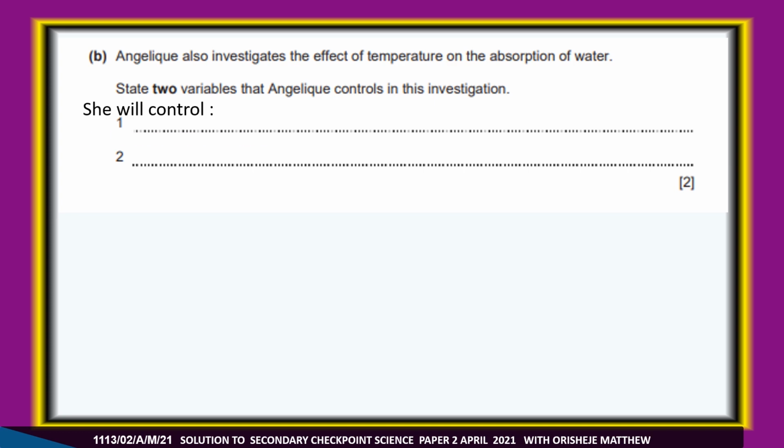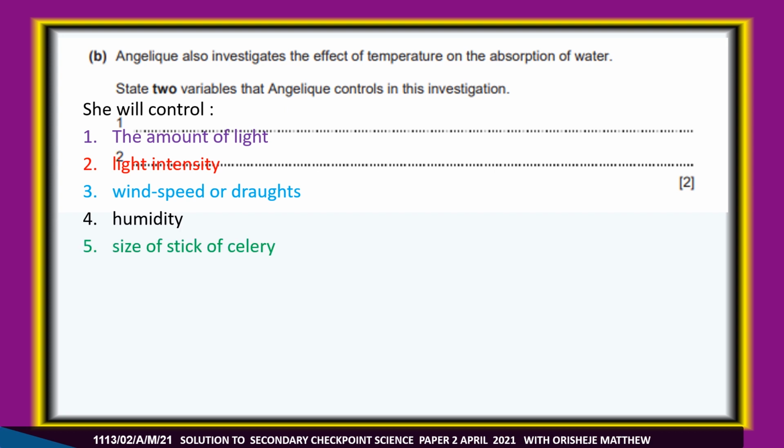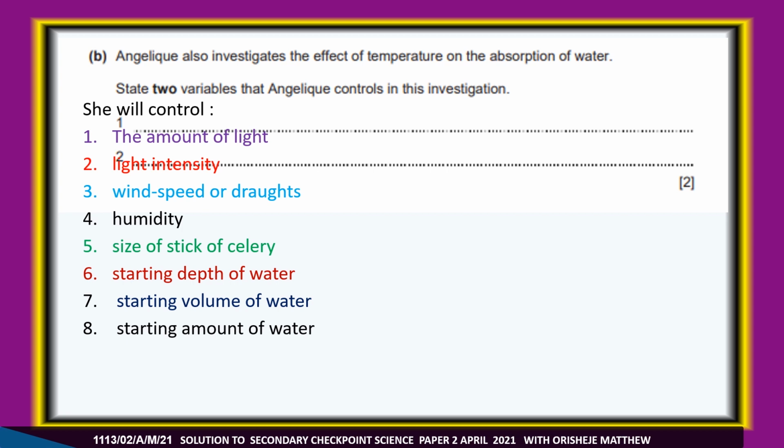Amount of light, the light intensity, the wind speed or draught, humidity, size or stick of celery, the starting depth of water, the starting volume of water, the starting amount of water, the dye used, the time celery left in colored water to absorb the water.